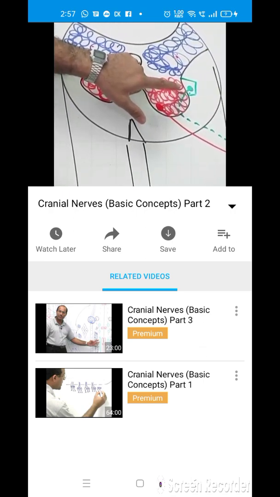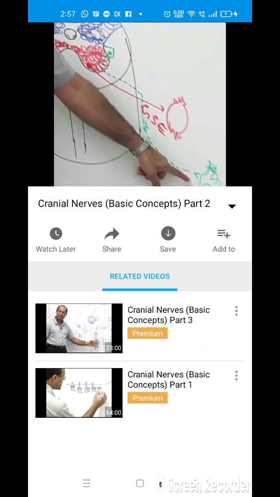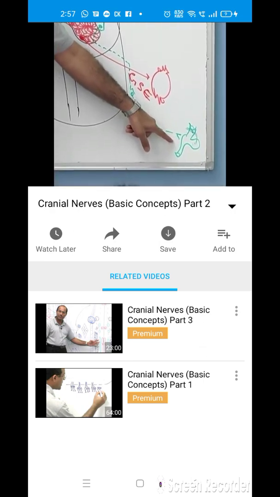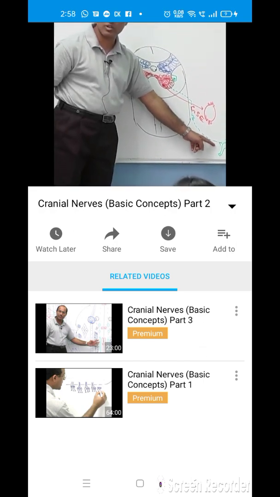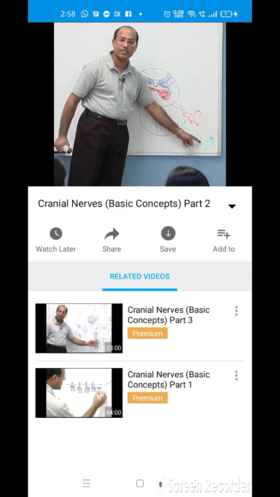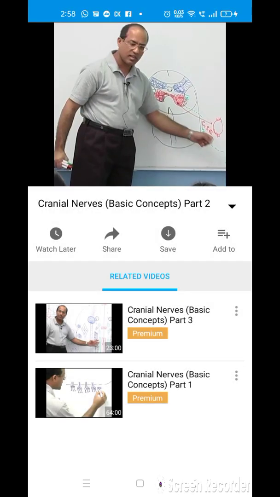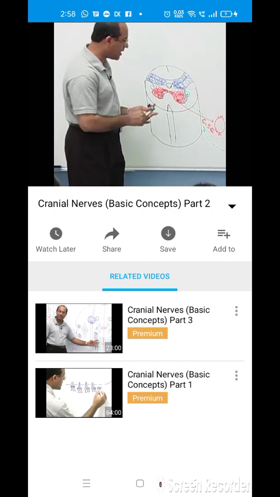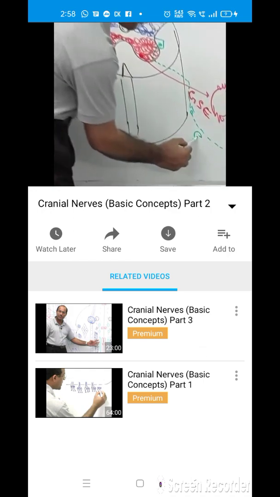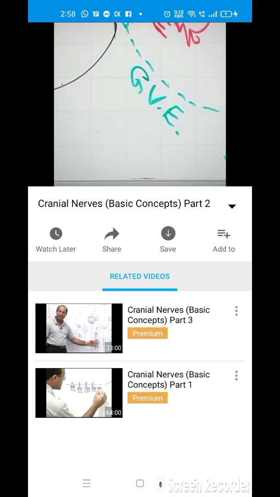This is a small piece of grey matter which is also called lateral grey matter. Fibers from here are going to the viscera, right? And they are concerned with stimulation of smooth muscles and also with the stimulation of glands. So this innervation which is going for smooth muscle and going for the glands, this is called general visceral efferents.